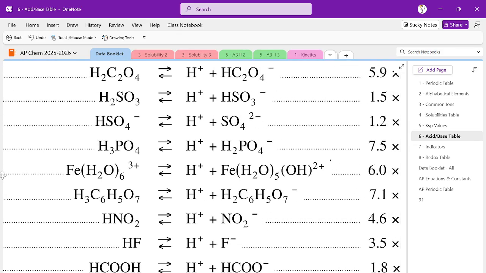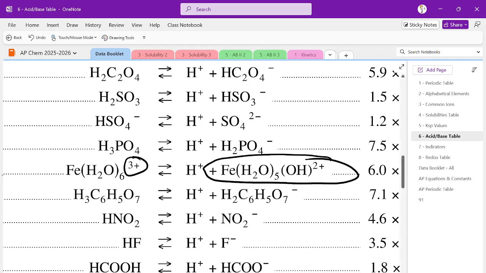It gives you Fe(H2O)5(OH) 2+. Why is it 2+? Because it lost a hydrogen. It's 3+. It lost an H+, because we started with 3+. One of the pluses went away, and so we're left with a 2+. Yes? Okay.